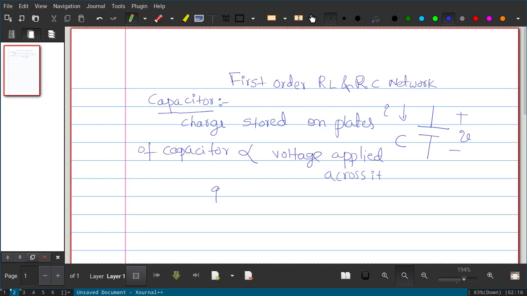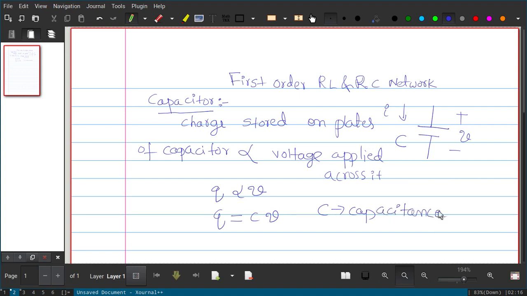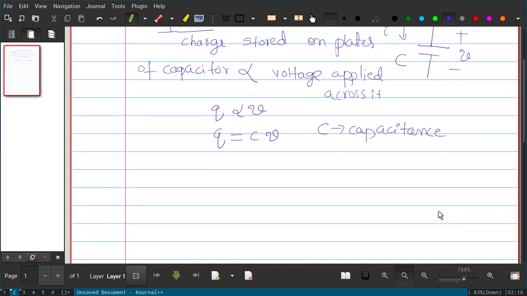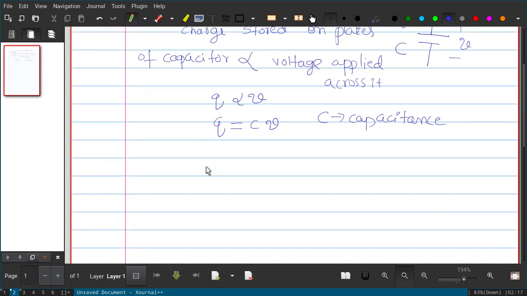So we can write Q is directly proportional to V, and if you write the proportionality constant, Q equals CV, where C is the capacitance. Now if I differentiate this with respect to time, we get dq by dt, which is nothing but current.